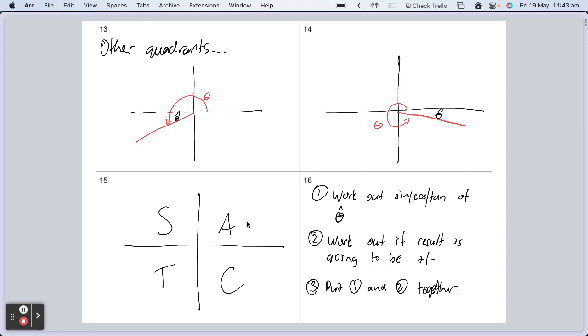But it's really important to remember that effectively why this works is because sine is the y coordinate. So therefore it's going to be positive above the x-axis, there and there. Cosine is the x coordinate. Therefore, cosine is going to be positive to the right of the y-axis, so here and here.